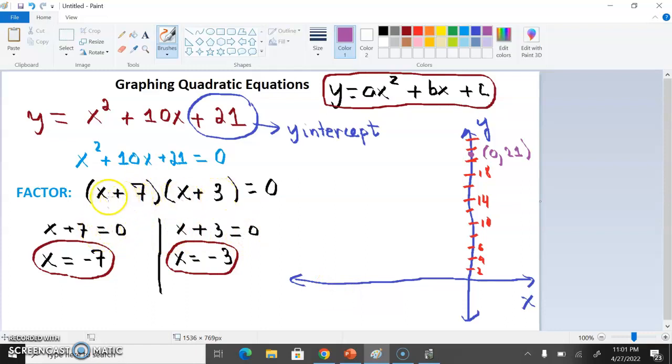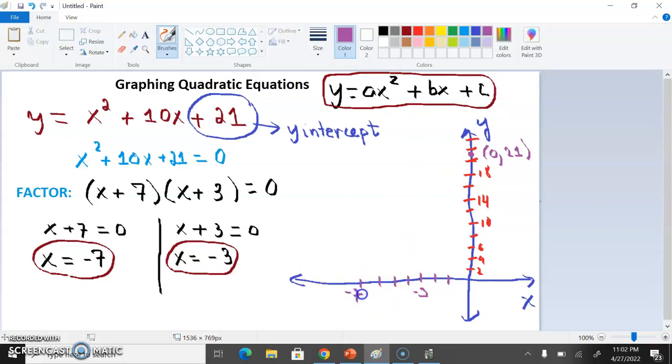Okay, so the first x-intercept, or the first zero, is going to be -7. So over here, I'm going to have -1, -2, -3, -4, -5, -6, and -7. There's my -7.